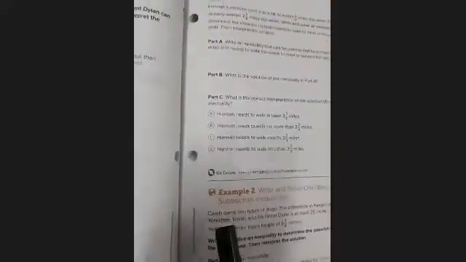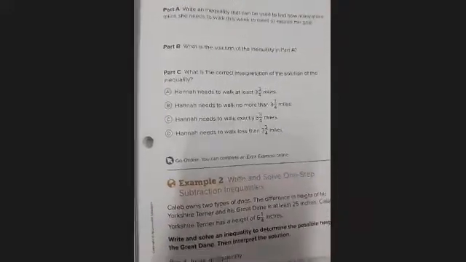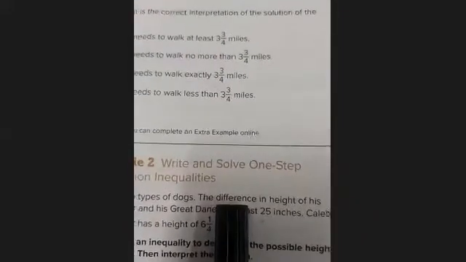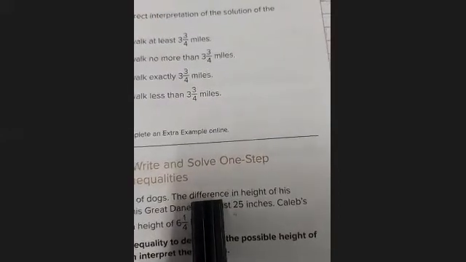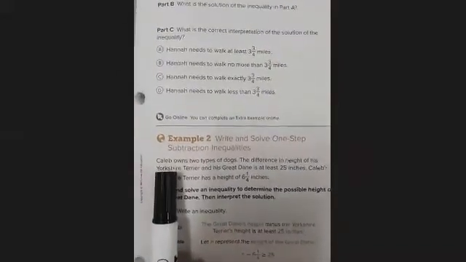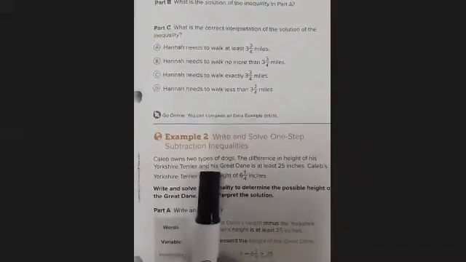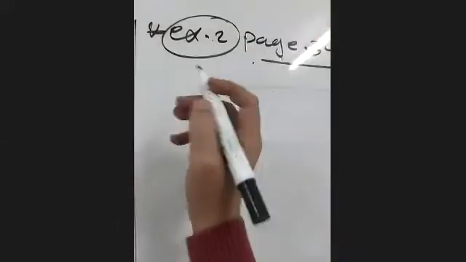Caleb owns 2 types of dogs. The difference, what's the meaning of the difference? Subtract. So the word difference means we need to subtract. The difference in height of his Yorkshire Terrier and his Great Dane is at least 25 inches. Look here, guys.